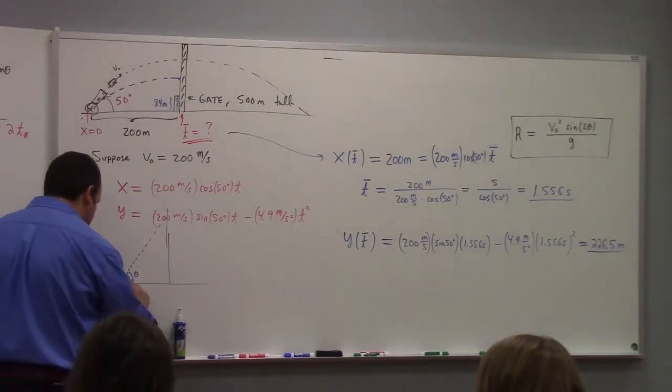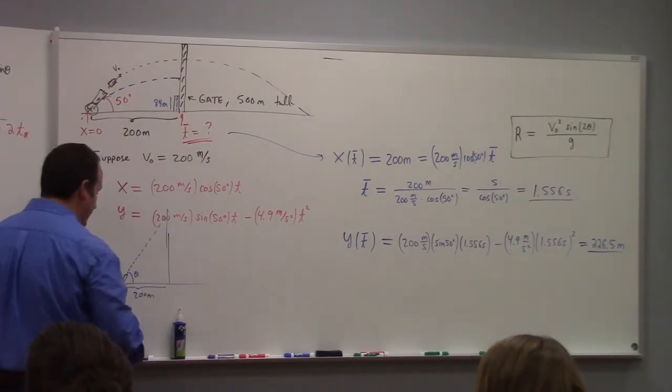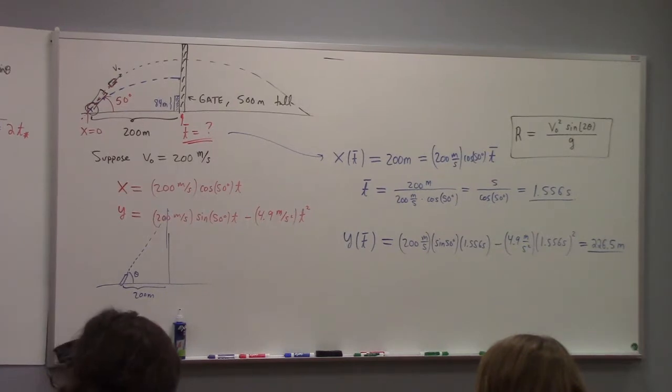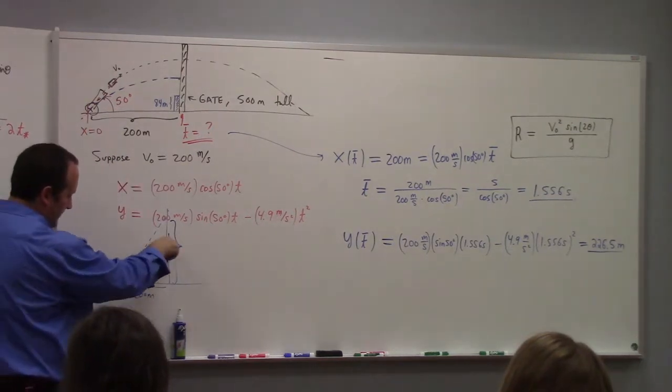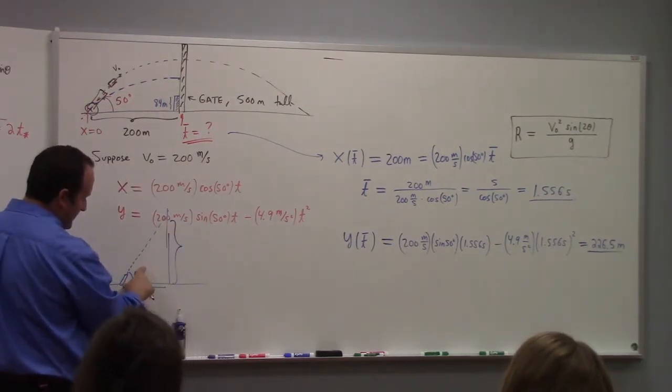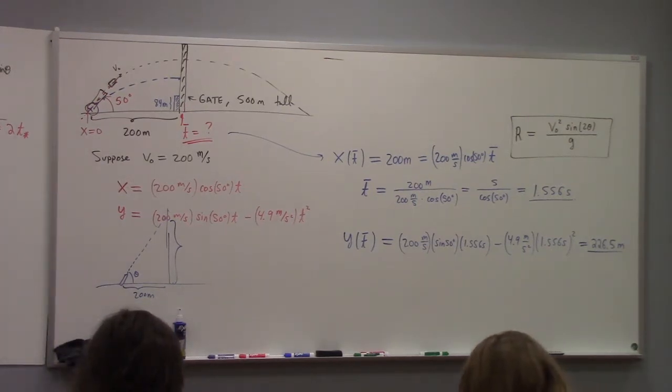So if that's 200 meters, then what would this height be? If this is 200 meters and that's angle theta, what's this height? Assuming a right triangle. Which of the trigonometric functions is your friend here?